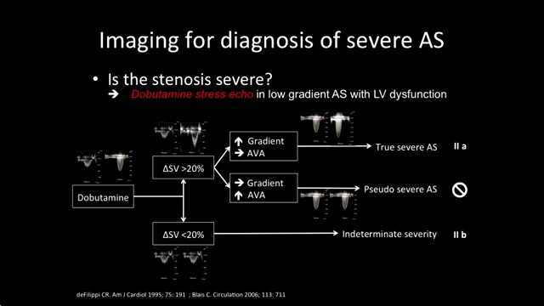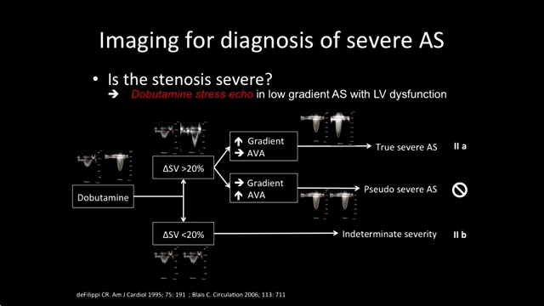Advanced evaluation in this situation is made by dobutamine stress echocardiography, where the severity of the valve is reassessed under inotropic stimulation. If myocardial recovery occurs, true severe stenosis is characterized by an increase in transvalvular gradient, while the calculated valve area does not change.